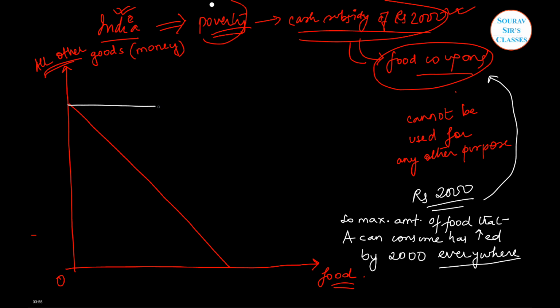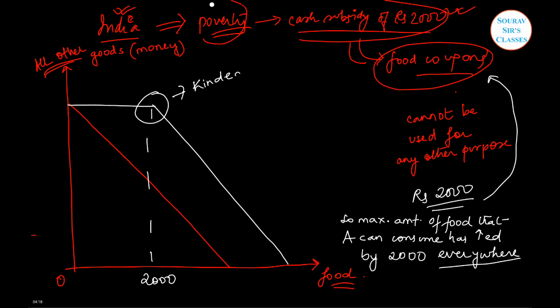So we will have a budget line like this. And this point on the horizontal axis accounts for food equal to 2000. So we get a kink here. So we have a kinked budget line.